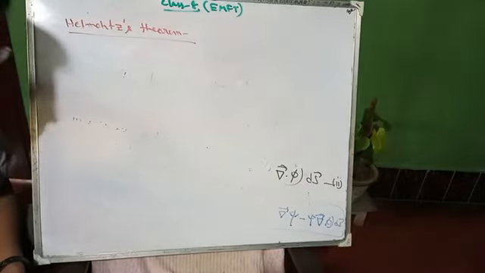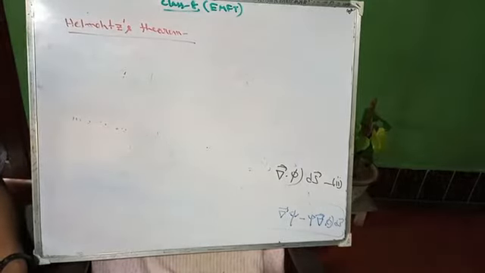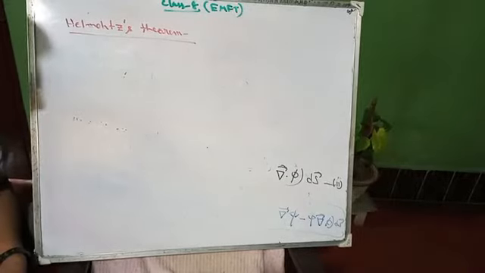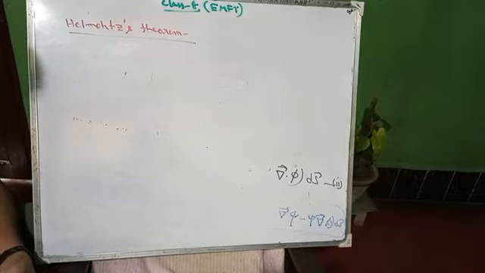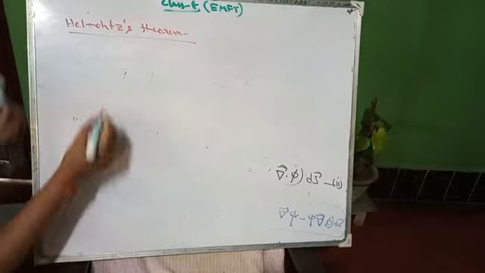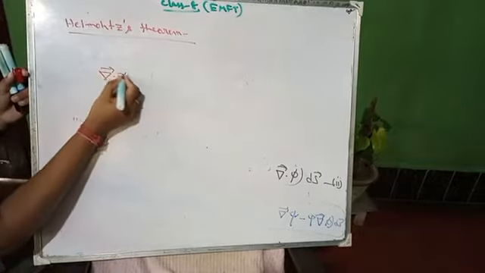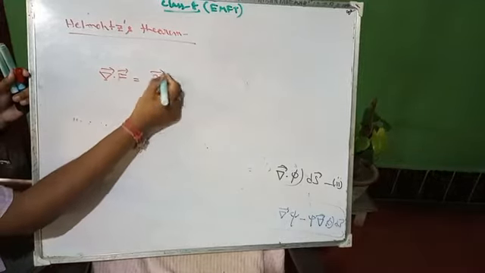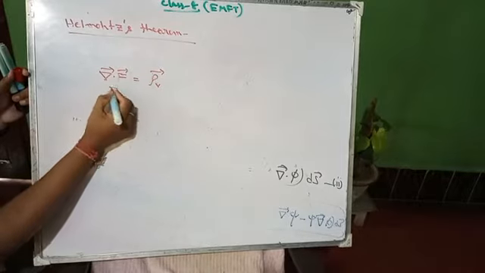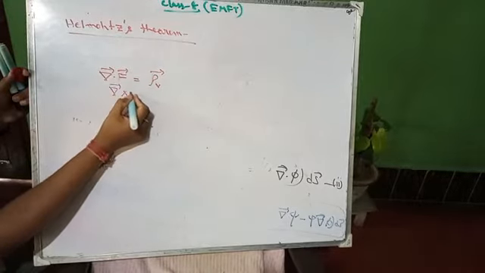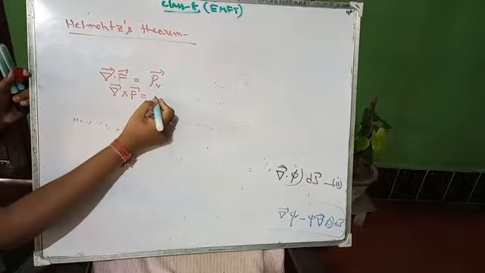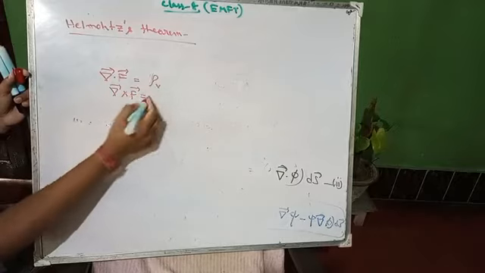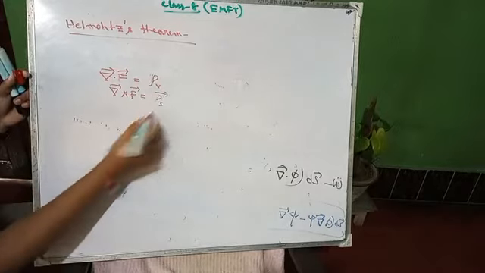If the divergence and the curl of any vector capital F are given as, suppose we are taking F vector here, divergence of F equals rho v, and curl of F equals a vector. Divergence results in a scalar value, and curl will be a vector.